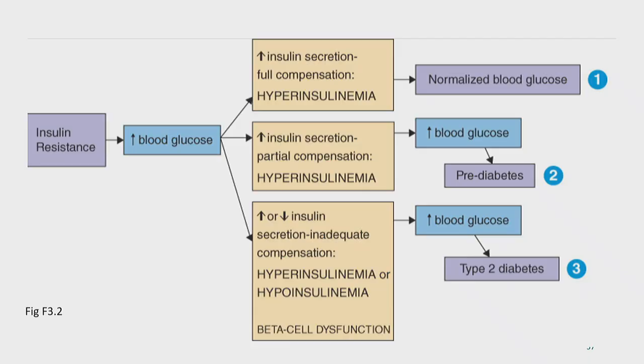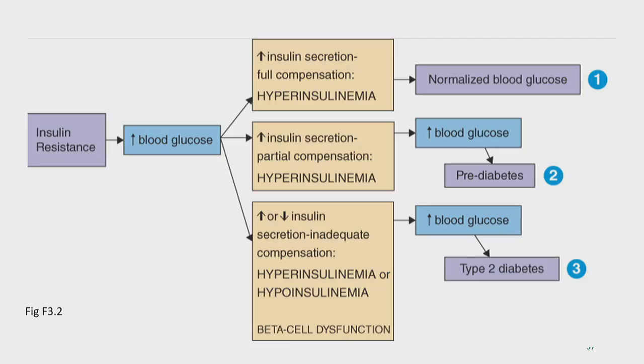At this point, it is possible with lifestyle changes such as diet changes and weight loss to normalize blood glucose levels. We often get questions from patients around how to manage their blood glucose levels when they find out they have prediabetes. It is possible for people to essentially reverse their prediabetes through these lifestyle changes.